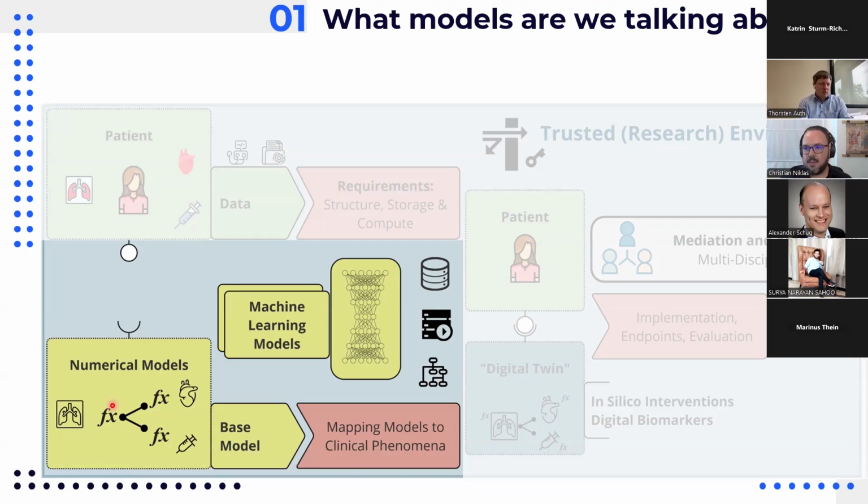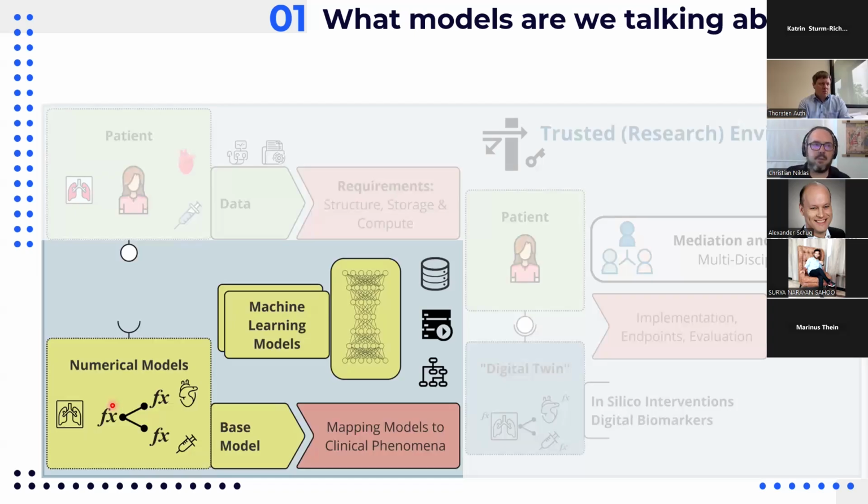But there's also a large modeling community looking at more reduced order models like 0D, almost like bond graph or RC element models that are more simplistic representations of global organ functions, for example.